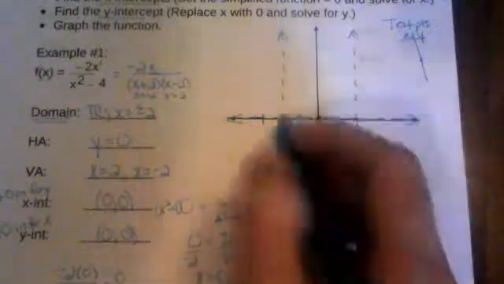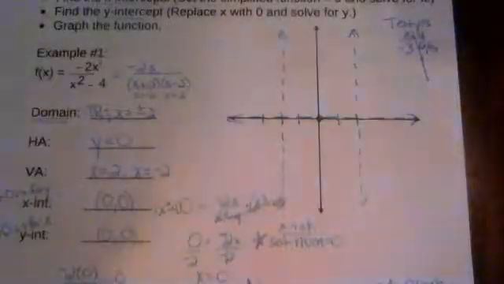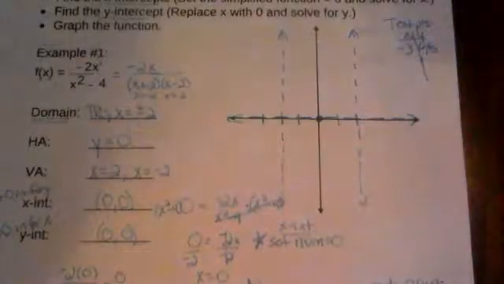So we're going to start over here on the left. We're going to try a point in this left section. I'm just going to go with the next point over, which is negative 3. If I put negative 3 in here for x, negative 2 times negative 3 would be positive 6. Negative 3 squared would be 9, minus 4 would be 5. So I get positive 6/5, or positive 1 1/5.